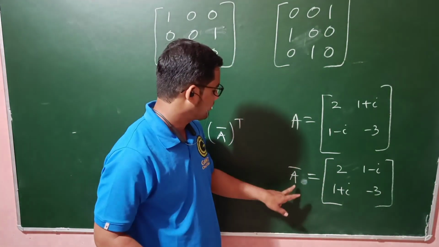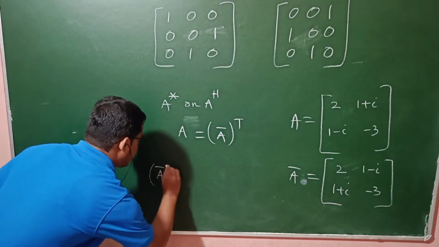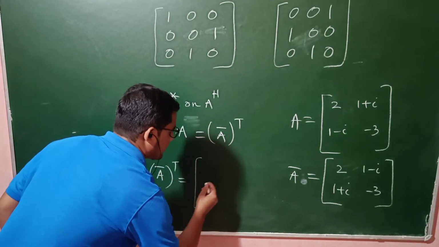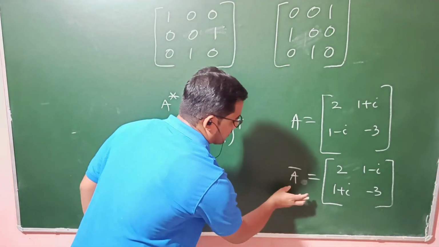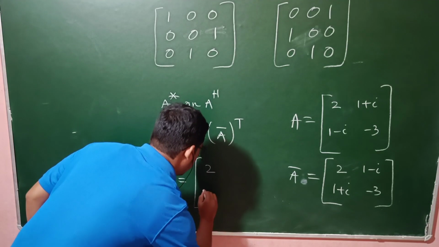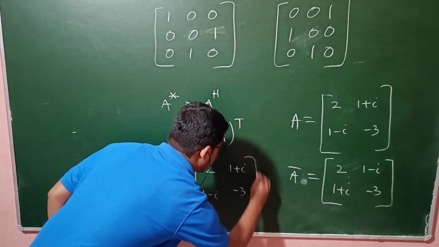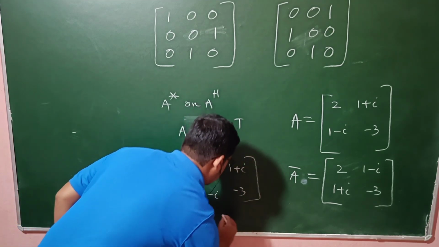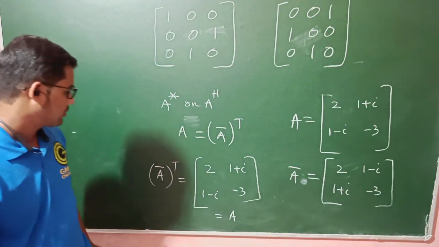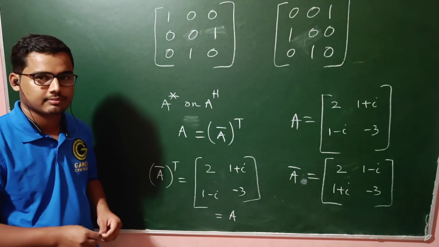So this is the conjugate matrix of A. Then find its transpose. Then the transpose of this matrix will be 2, 1 minus i, 1 plus i, minus 3, which is equal to A. This is the matrix A. So this is a hermitian matrix. This is an example of a hermitian matrix.